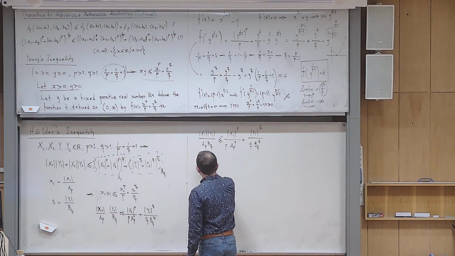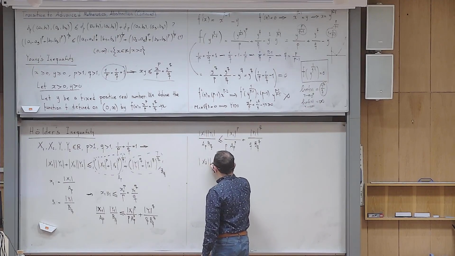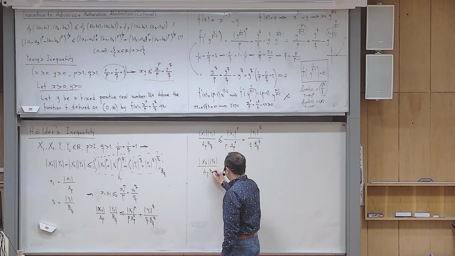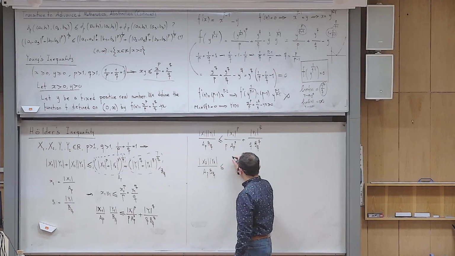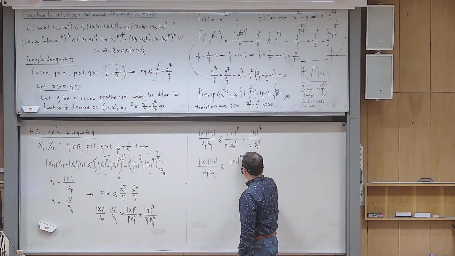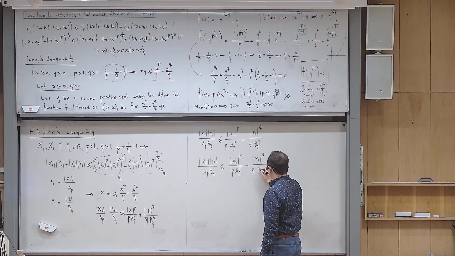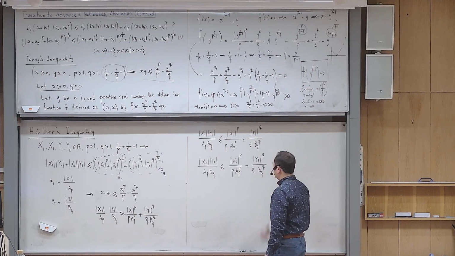So this becomes x2 y2 divided by a sub p b sub q, and then less than or equal to x2 to the power of p divided by p a sub p to the power of p plus y2 to the power of q, and then I have q b sub q to the power of q.